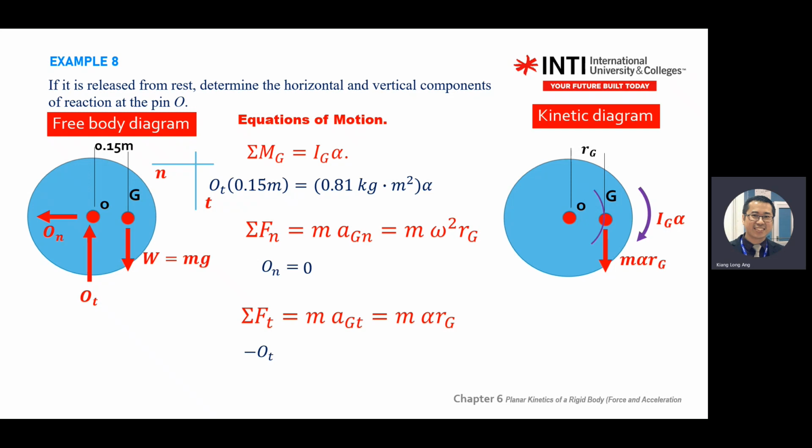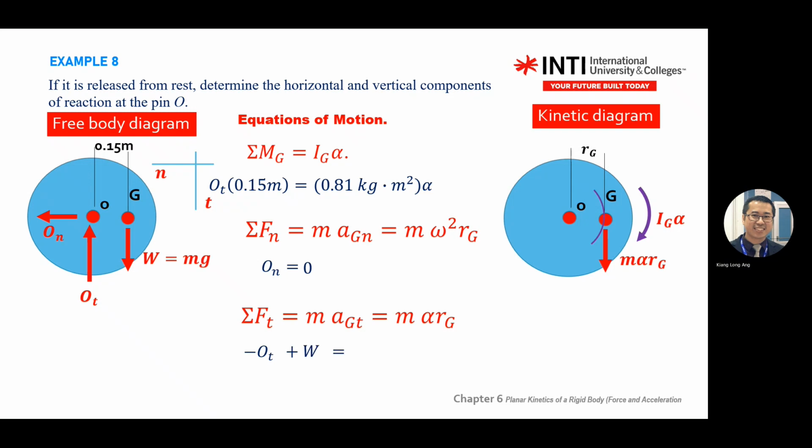So when you do your F equal to ma equation, tangent goes down positive. This OT points up, so it gives you negative. So just be careful if you have a rotating body. Once you fix it, you had better draw the positive direction on your diagram, then you can see where is positive and where is negative. It's important to have this N and T diagram on your free body diagram.